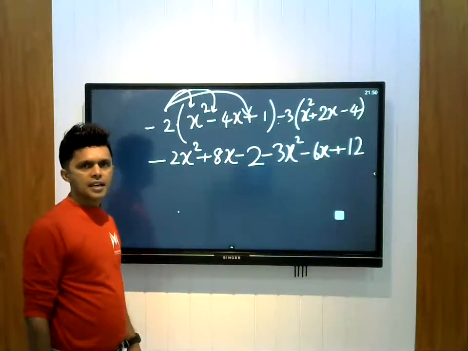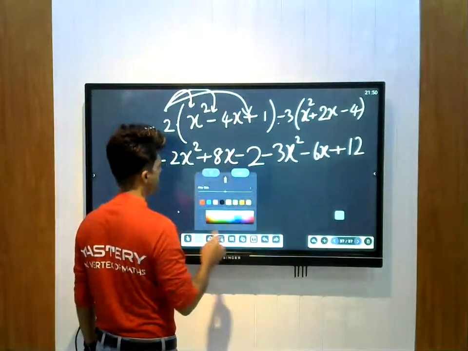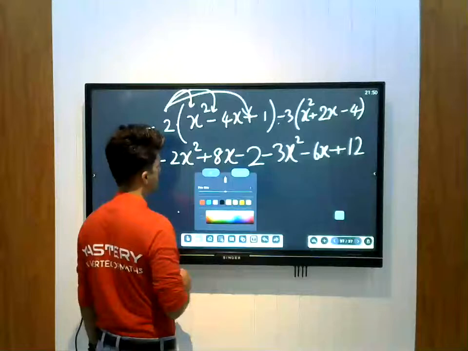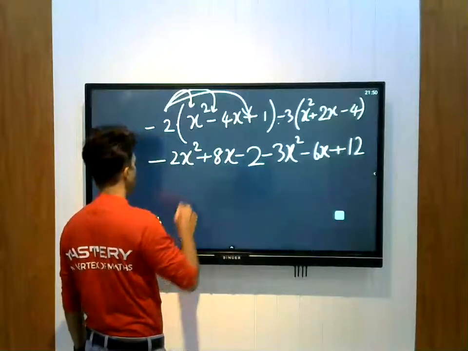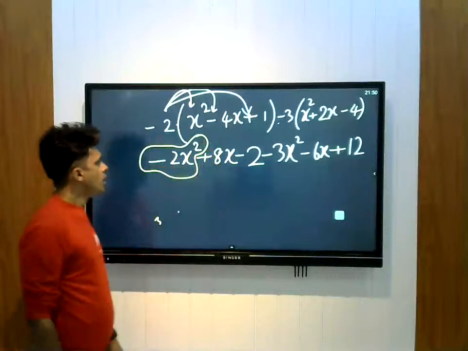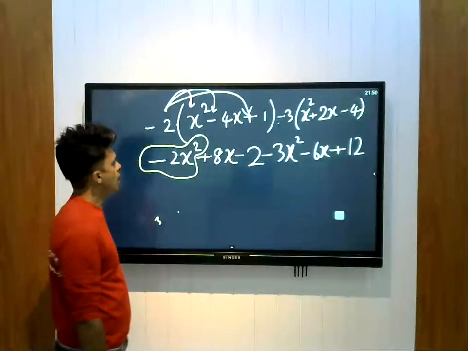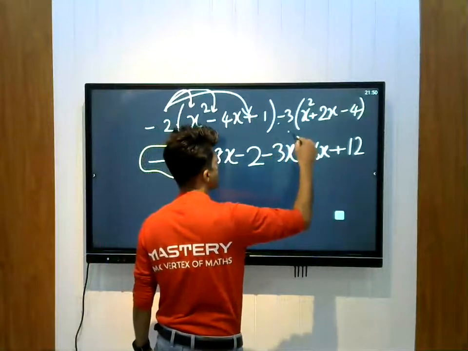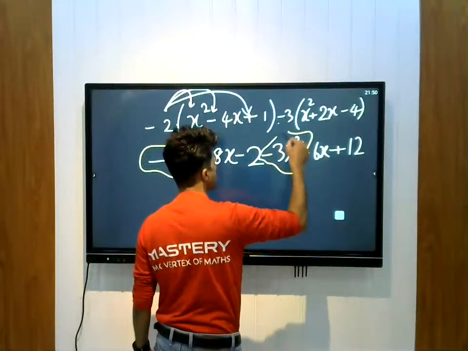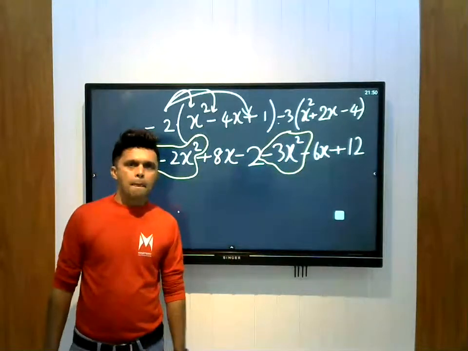Now simplify the like terms. How can you simplify the like terms? Like terms can be added. Here minus 2x squared, here also minus 3x squared. Minus 2x squared minus 3x squared, how can you simplify?